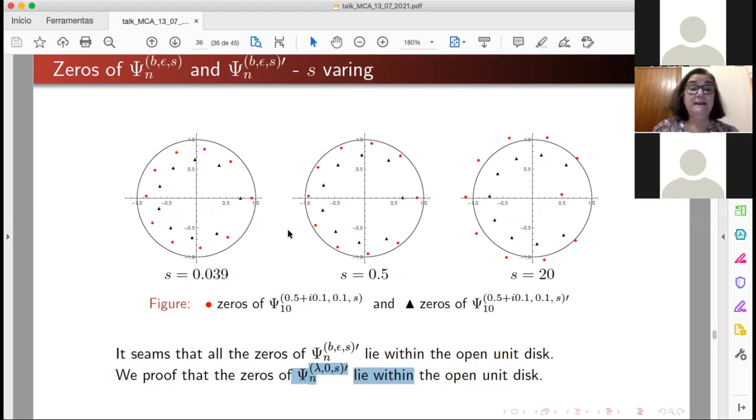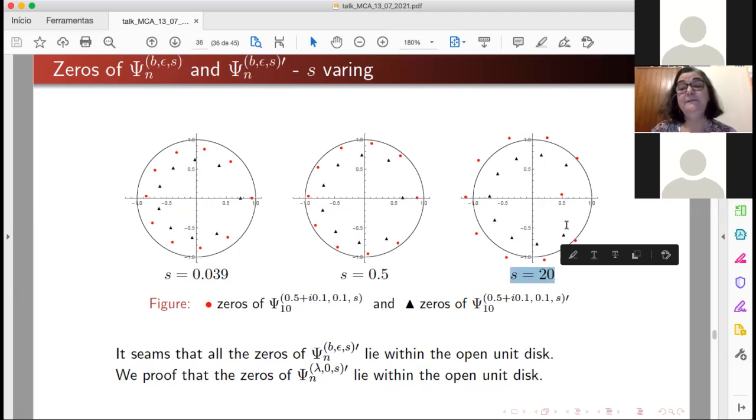But see here in these three plots, we actually increase S. When S is very small, all the zeros are inside; we increase S a bit and the zeros are still inside, but for some examples, the zeros are outside of the unit circle.